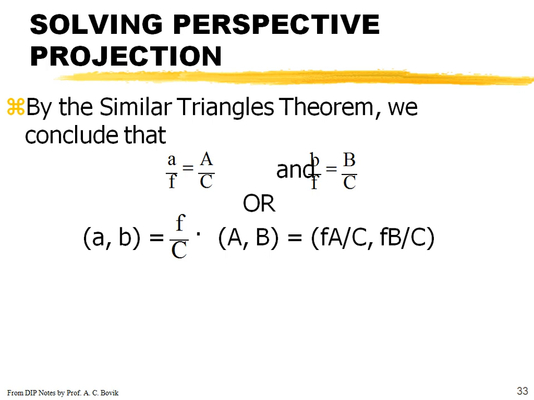Now f divided by C, you can think of it as a constant scale parameter that will scale every point in the 3D space to find its corresponding projection in the 2D plane. Okay. You can generalize this to f divided by z, z being the distance of an object in the 3D space from the lens.